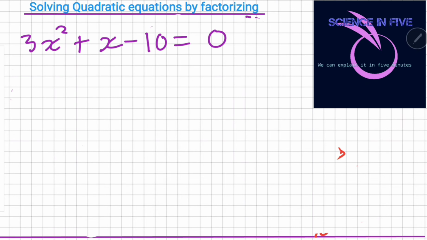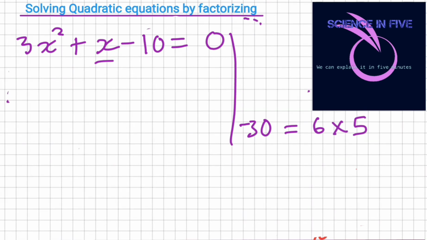Step 1, negative 10 times 3 gives me negative 30. Two factors of negative 30 that can give me 1 will be 6 and 5. Now, since the middle term is positive, I'm going to go with a positive 6 and a negative 5.